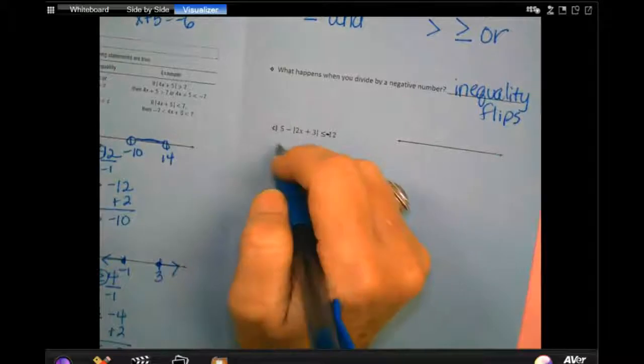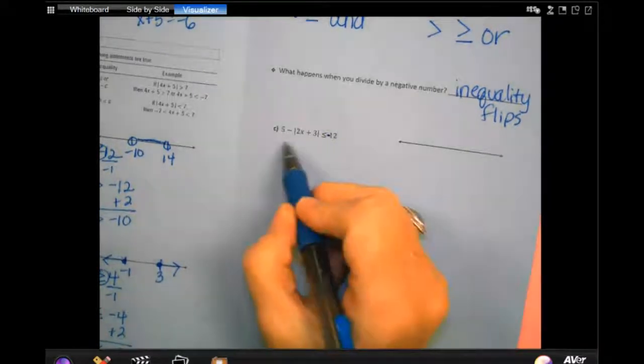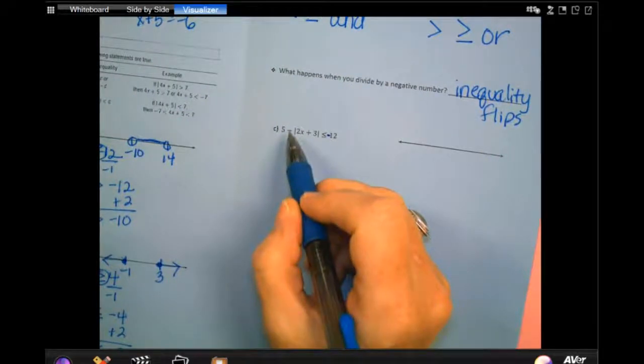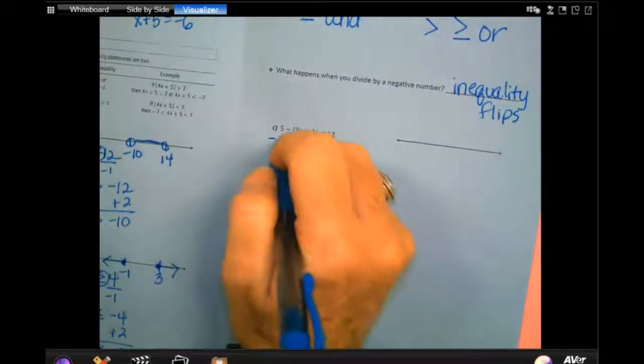Okay, so the first thing I'm going to do is what? -5. Why did I not divide by 5? Because the negative separates it, right? So that's like a -1 there. Okay? So the first thing I'm going to do is subtract 5.